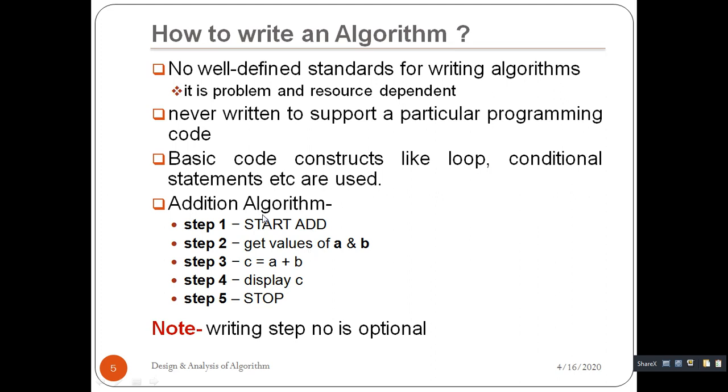While writing an algorithm, writing the step number is optional. You can simply write start add, then get values a and b. Now I'll say one more thing here. We all have written programs in C, C++ or Java.